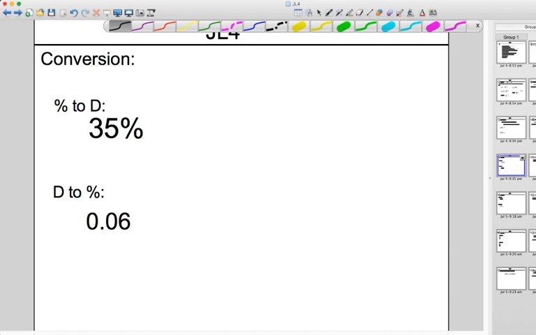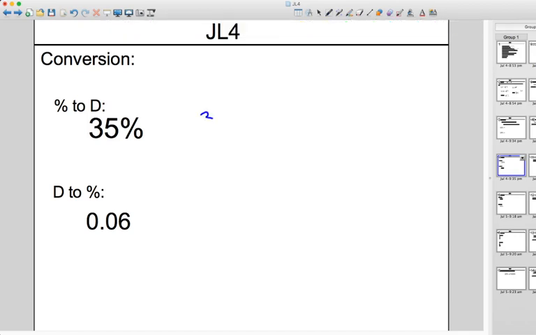So, how do I convert from a percentage to a decimal? This is literally what I was just doing there. 35%, if I put the decimal point after the 5, which is where it is, to go from a percentage to a decimal, I need to divide by 100.